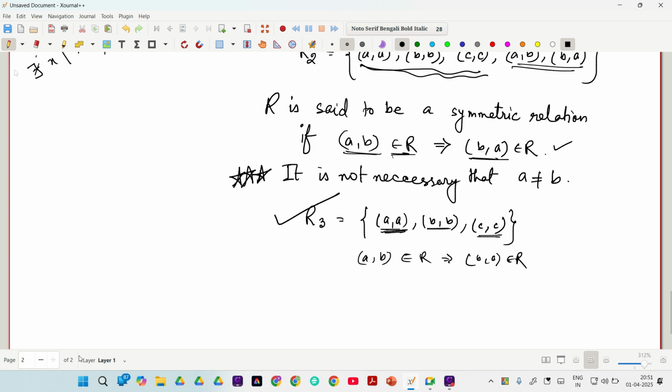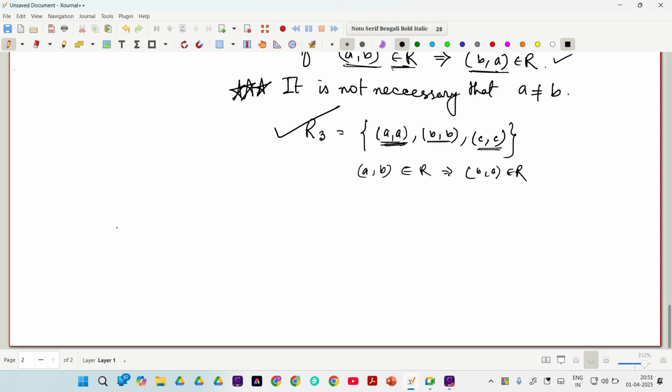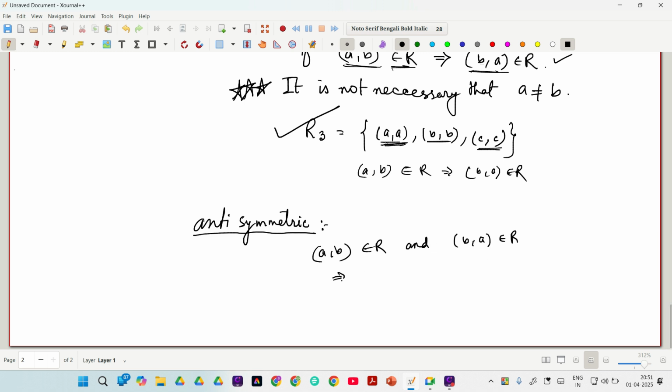There is another relation that is not mentioned in the syllabus, that is antisymmetric. I will give all examples with real world examples, I mean with numbers and operations. Antisymmetric relation is: (a, b) belongs to R and (b, a) belongs to R should imply a equal to b.